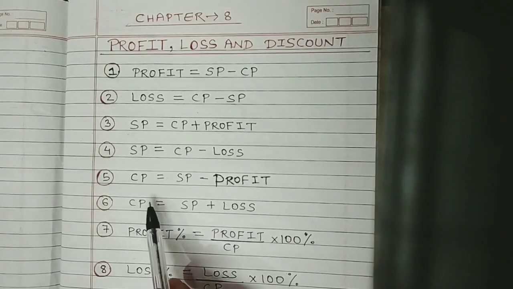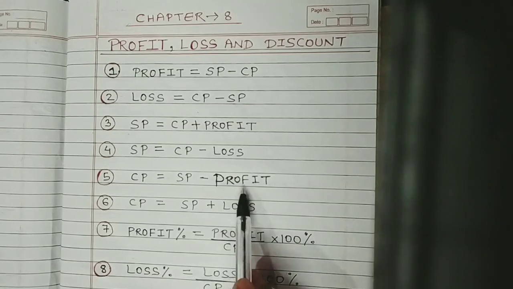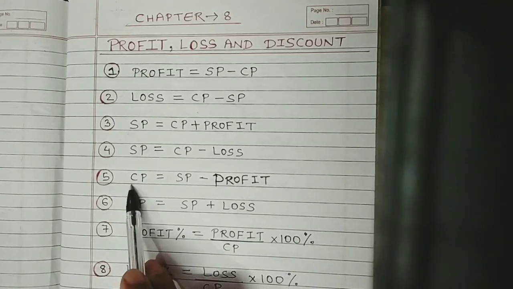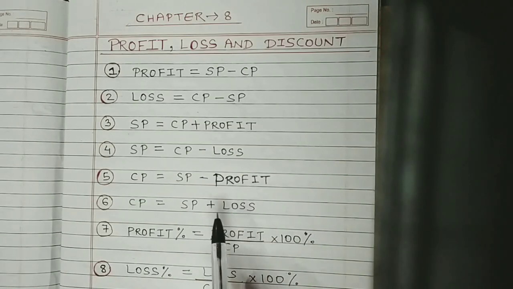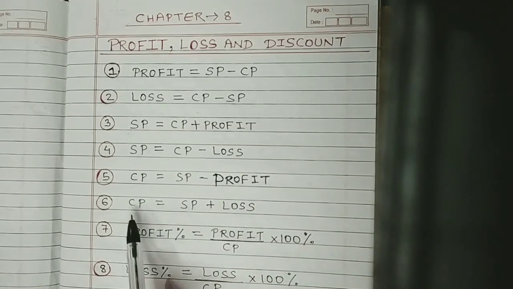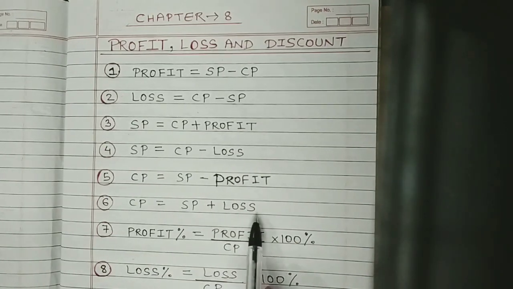Here also there are two formulas for finding CP. If there is a profit, then we will use CP equal to SP minus profit, and if there is a loss, then we will use CP equal to SP plus loss.